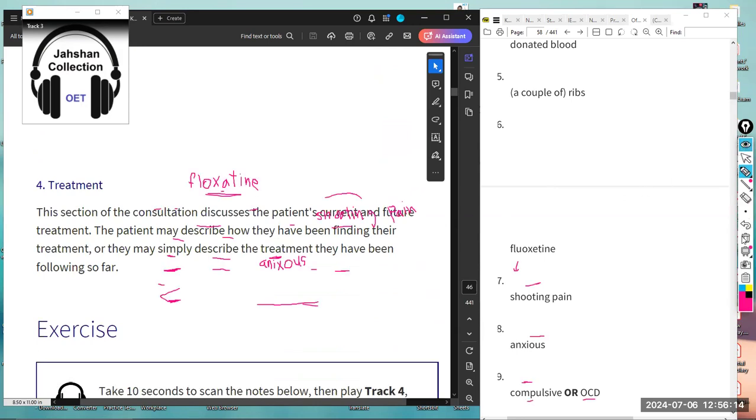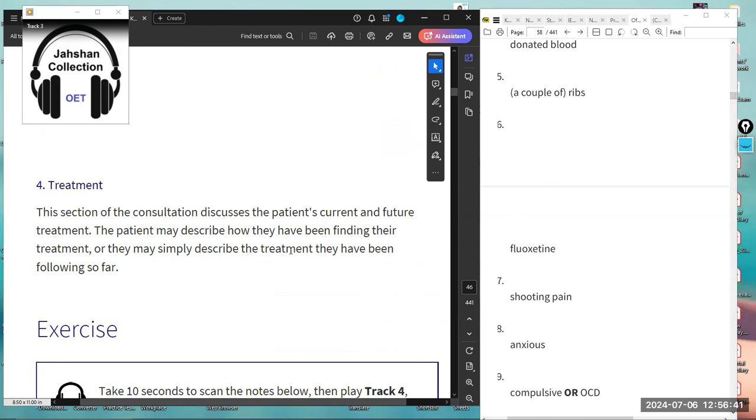This section of the consultation discusses the patient's current or maybe future treatment. The patient may describe how they have been finding their treatment, or they may simply describe the treatment that they have been following so far.